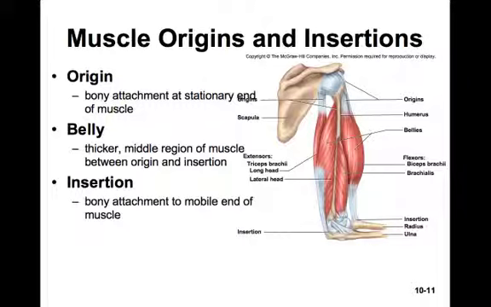We can see here when we look at the biceps brachii, it has a couple of different origins, because it has two bellies up in the shoulder here, and it has insertions down on the radius. We'll be learning a lot of origins and insertions as we go through our different muscles. There'll be a quick quiz on Anatomy and Physiology Revealed about origins and insertions.